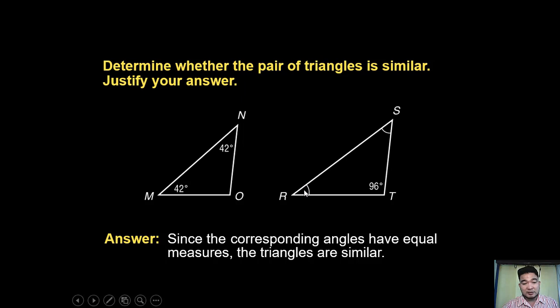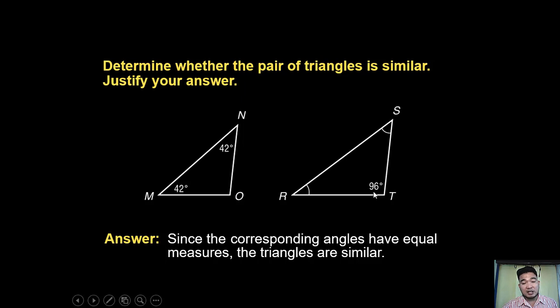So this is 42, which corresponds to angle M. Angle R corresponds to angle M, and they are both 42. Angle T corresponds to angle O, and they are both 96. Since 42 plus 42 is 84, 180 minus 84 is equal to 96.